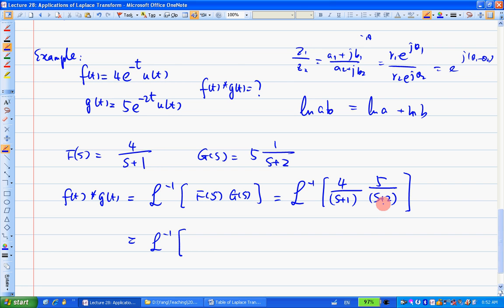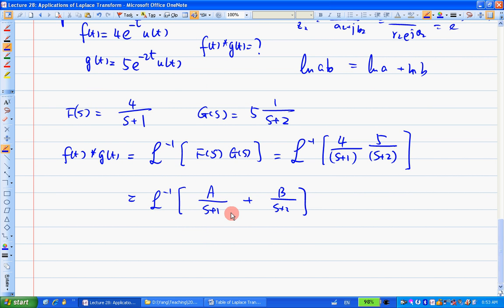This is a technique you should have learned in doing integrals, called partial fraction expansion. You separate this into two terms: one term is, let's say, A over s plus 1, the other term is B over s plus 2.